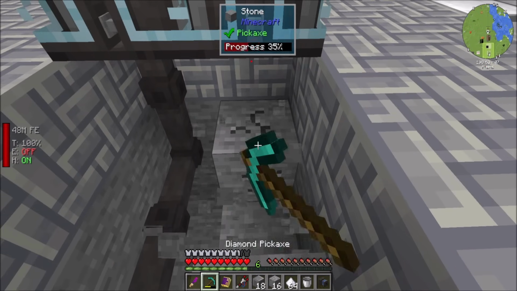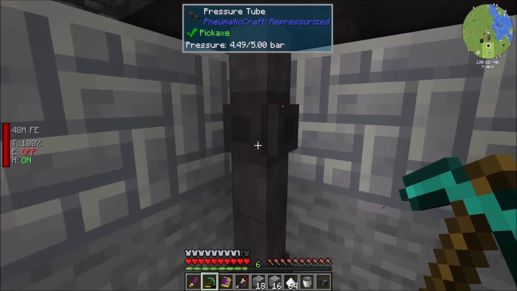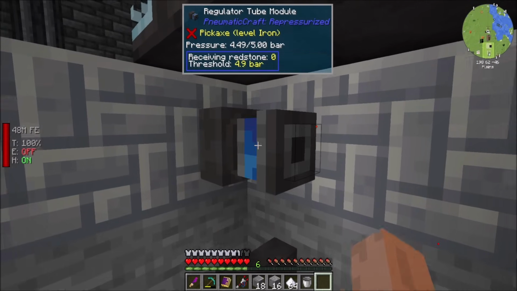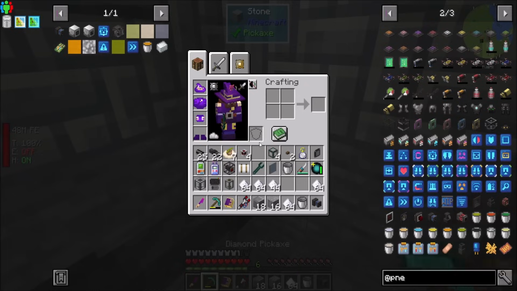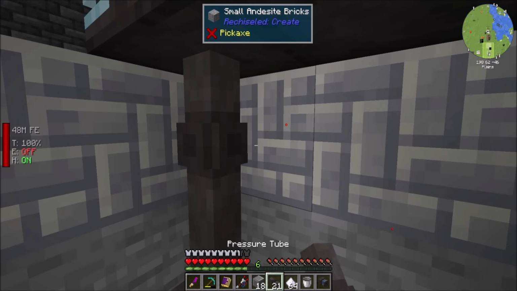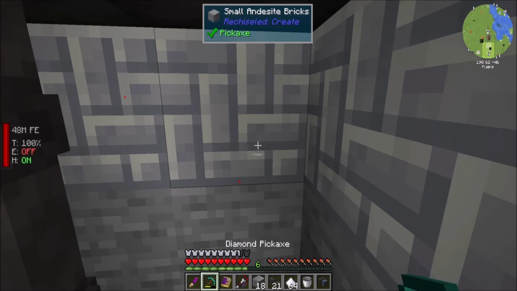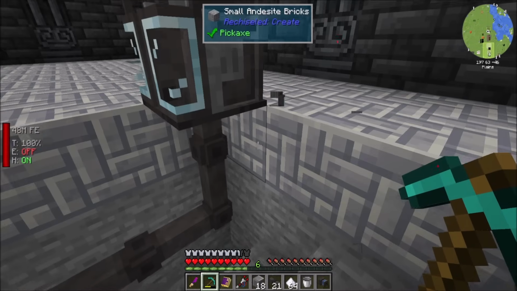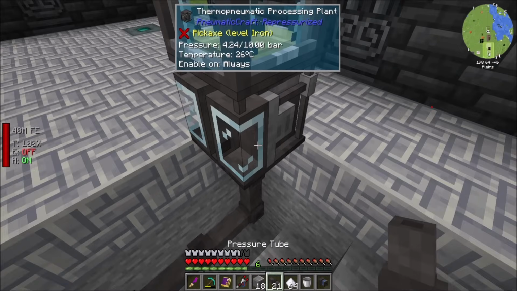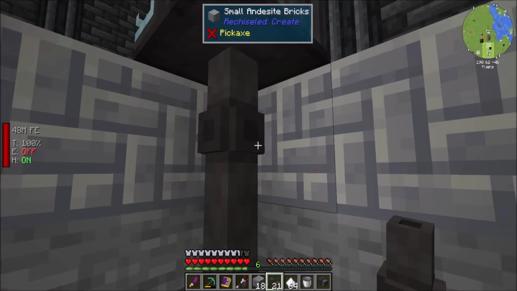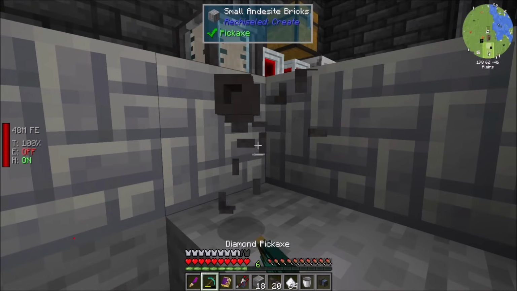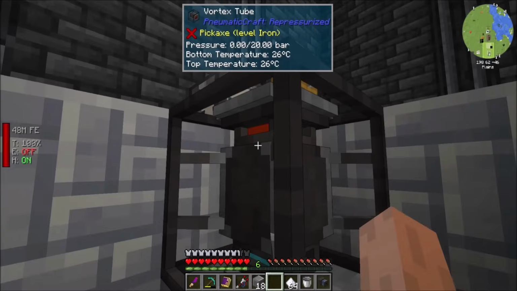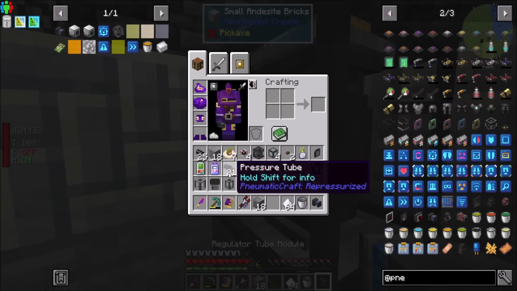So what we would want is... Can I put you like this? No. That's not the way I want that to work. What I probably want is... Let's see, where's my vortex tube? So I want it to get hot, okay.